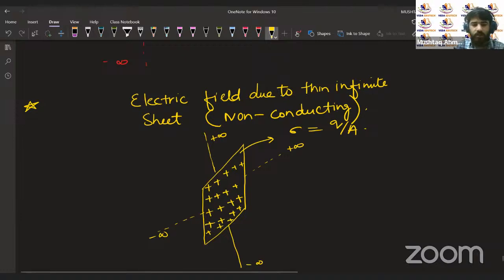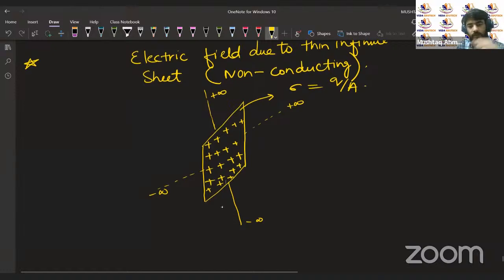What we'll be doing is drawing a Gaussian surface. The Gaussian surface for this sheet will once again be a cylinder.